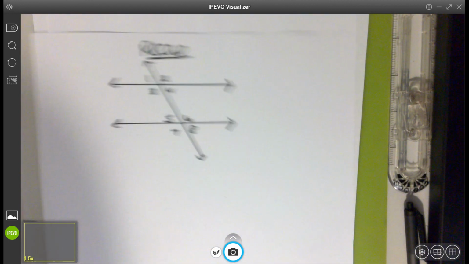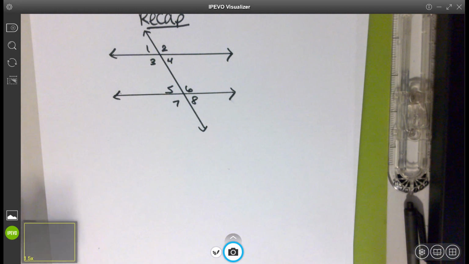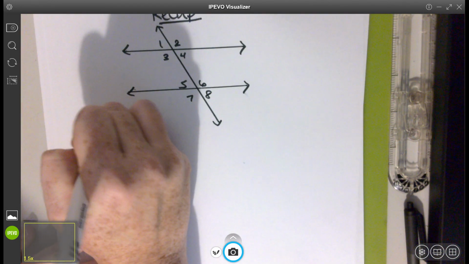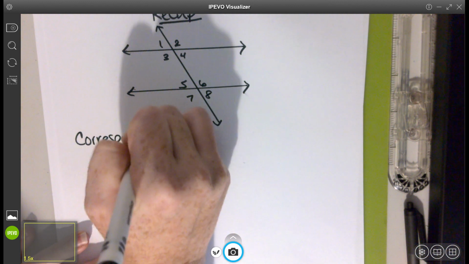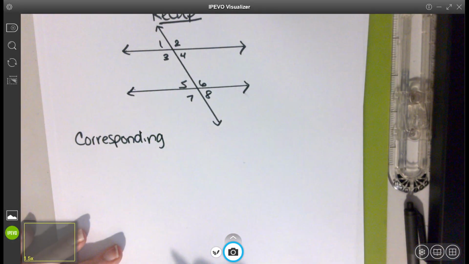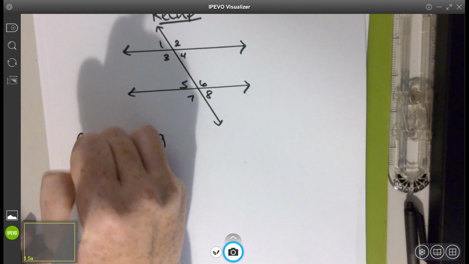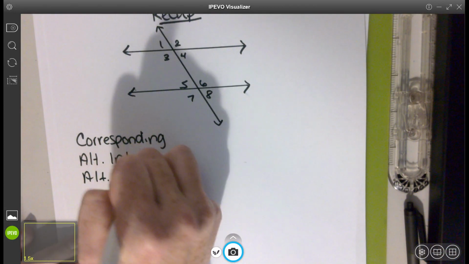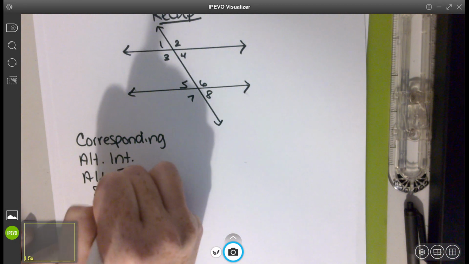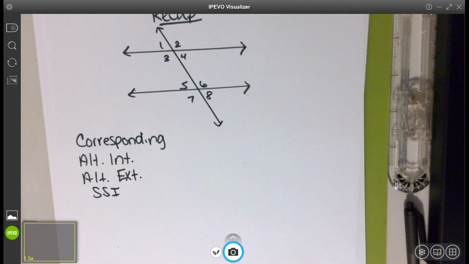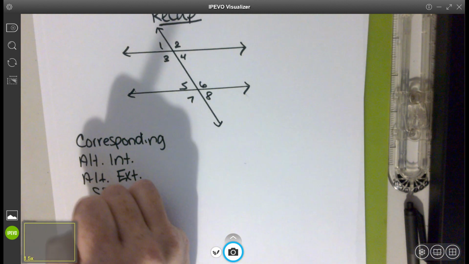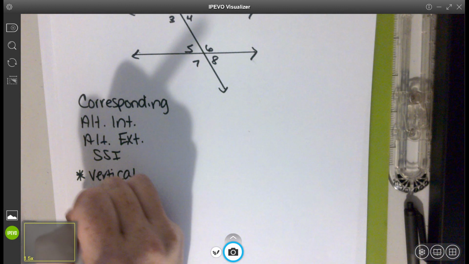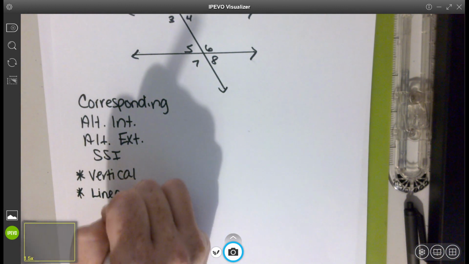So looking at our diagram, the few terms that we do have is we have corresponding, we have alternate interior, alternate exterior, same side interior. And I want to bring back, just so we remember, we have vertical angles still, and we still have linear pairs.